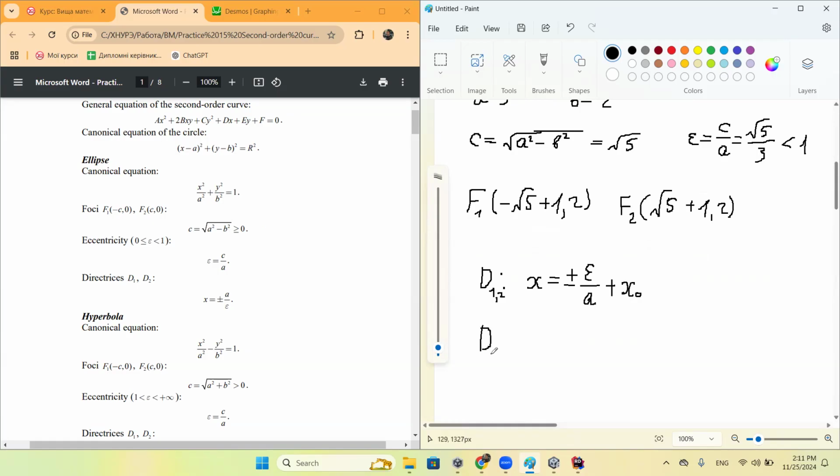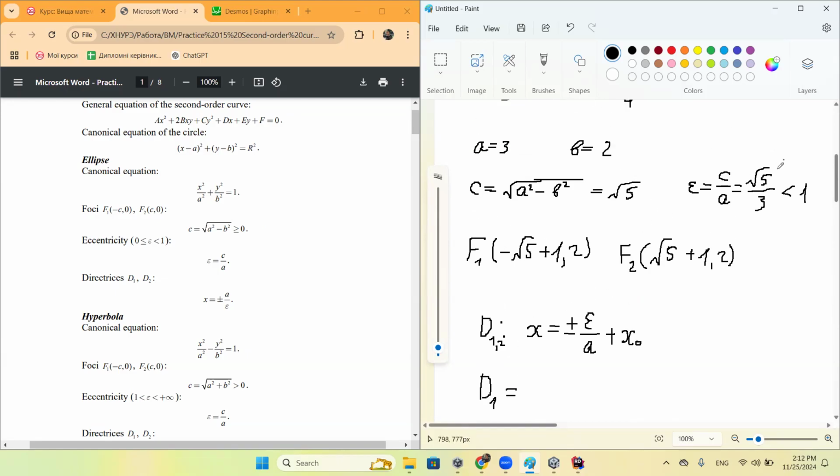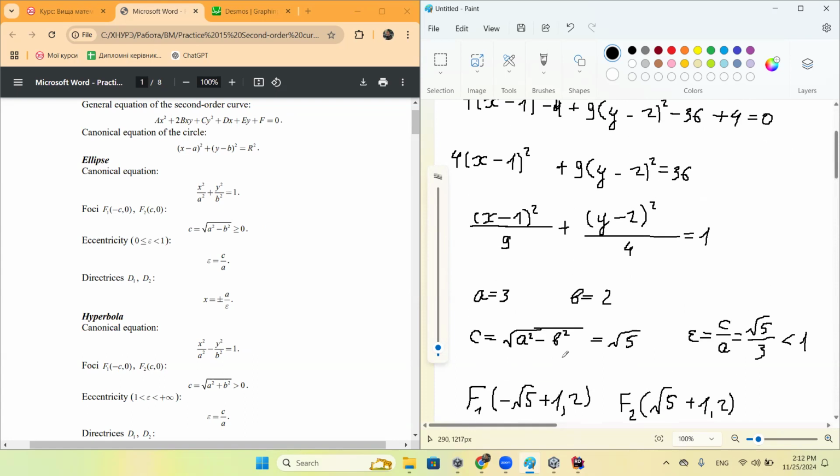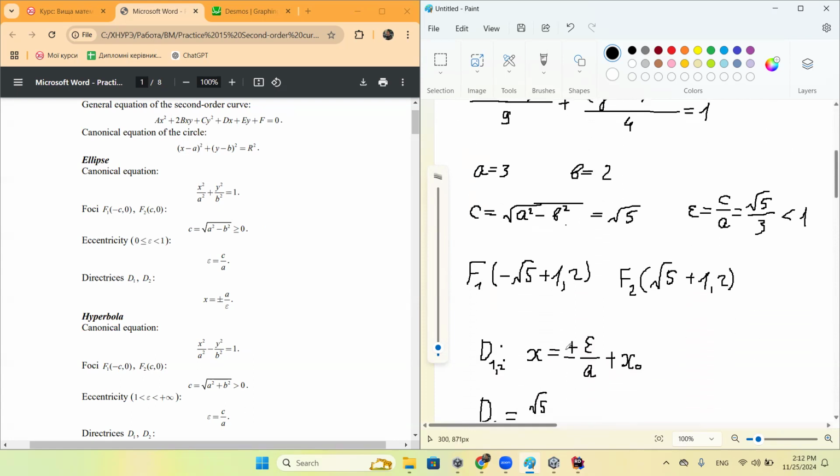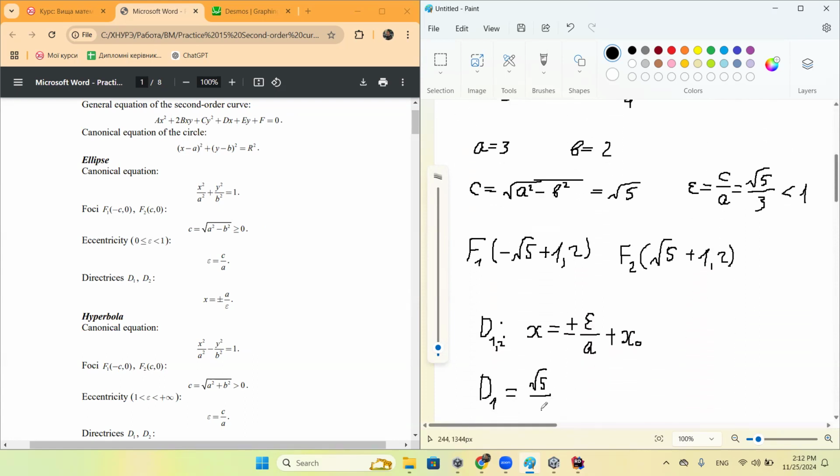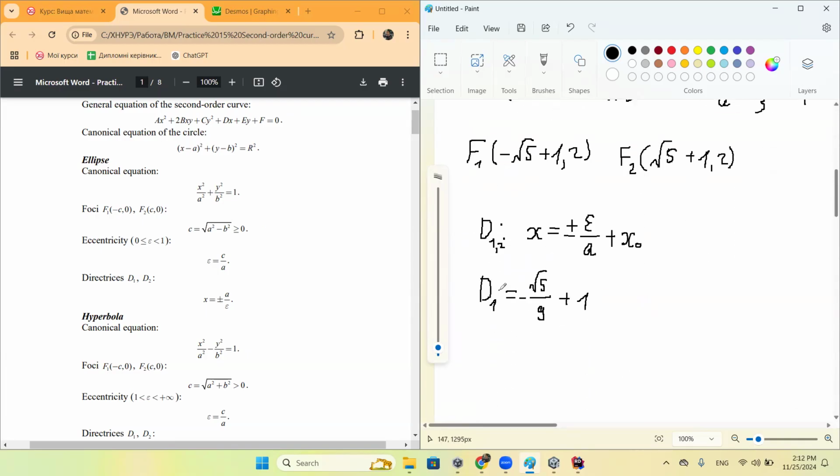So directrix 1 equals eccentricity by a, so square root of 5 by 9 minus square root of 5 by 9 plus 1.